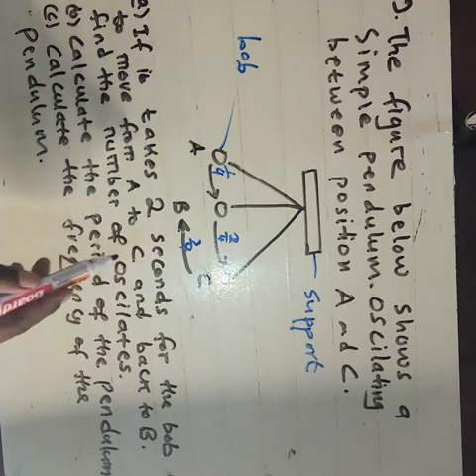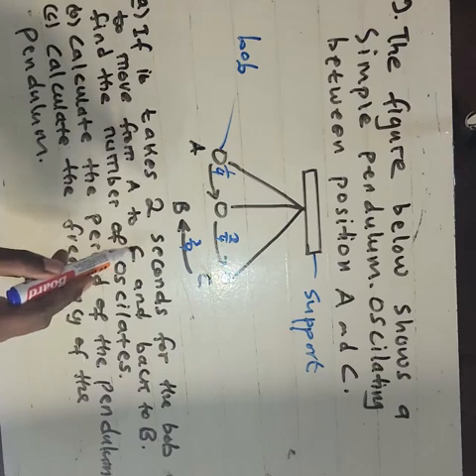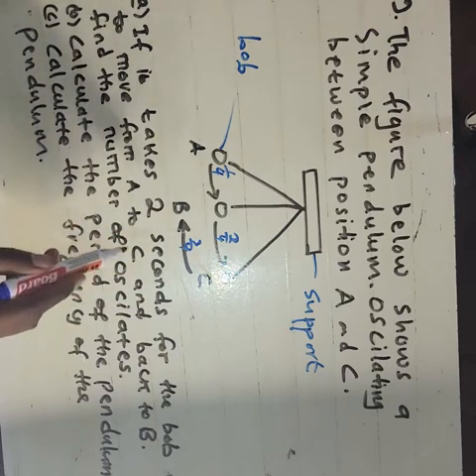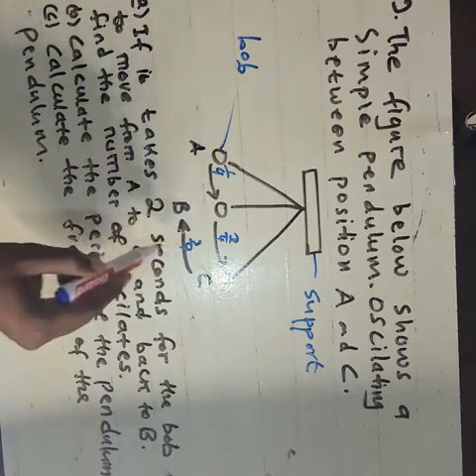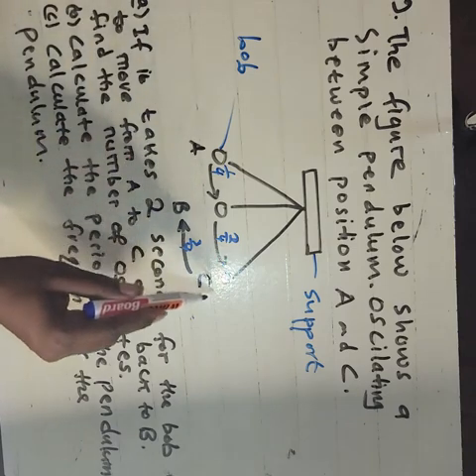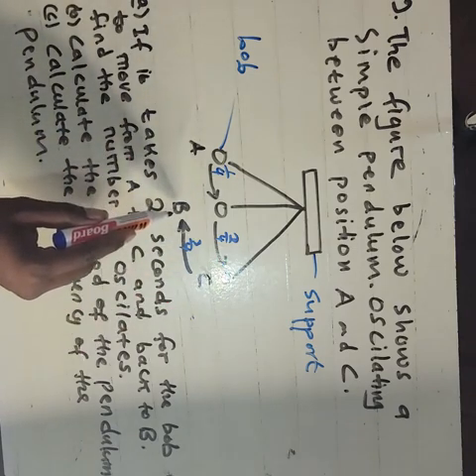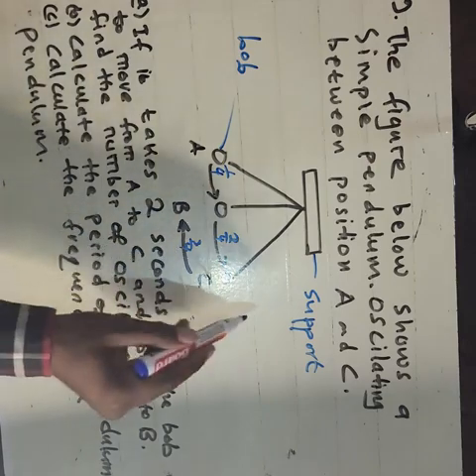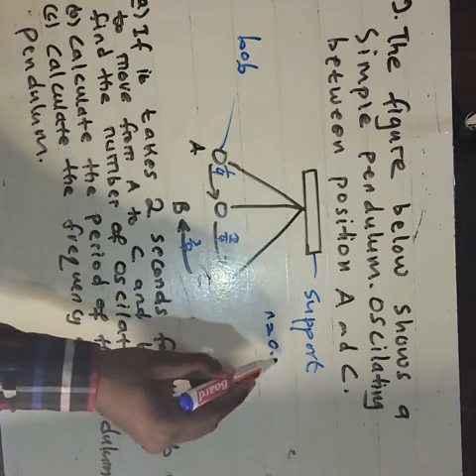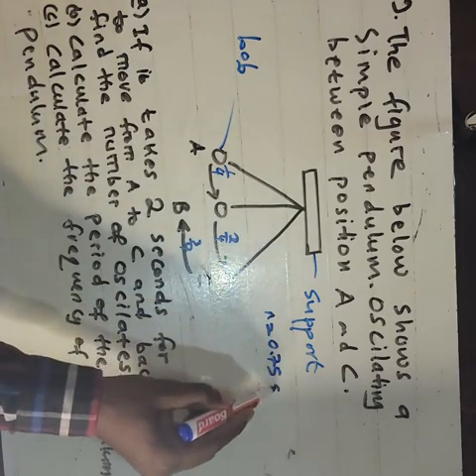Sometimes the questions they ask, you may even wonder in an exam. So let's see. Be ready for these questions. They want us to find this as it moves from A to B to C back to B. So we are going to say this is 0.75 oscillations.